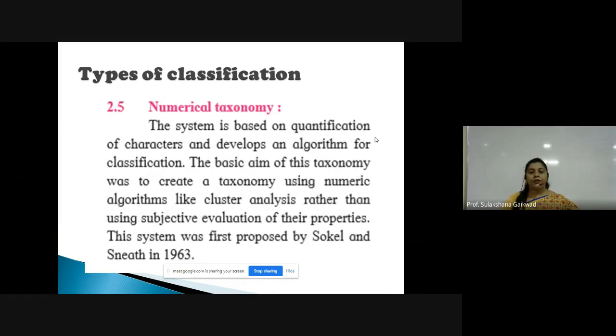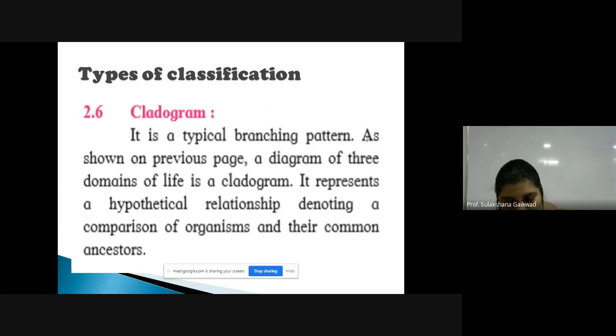Numerical taxonomy is a system based on quantification of characters and develops an algorithm for classification. The basic aim of this taxonomy was to create a taxonomy using numeric algorithms, like cluster analysis, rather than using subjective evaluation of properties. The system was first proposed by Sokal and Sneath in 1963. This is one method of classification.